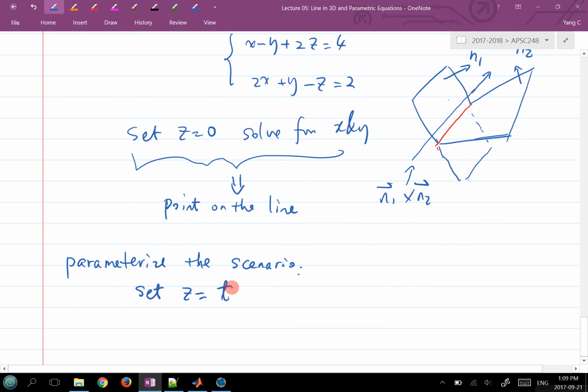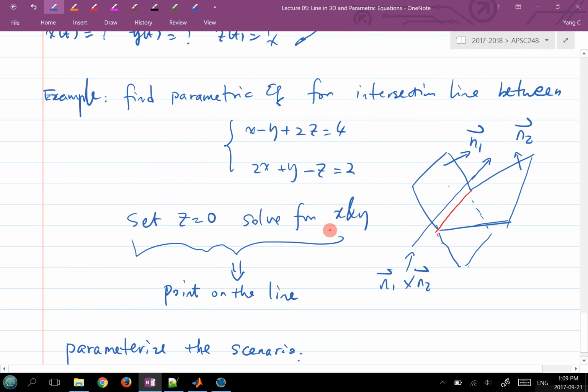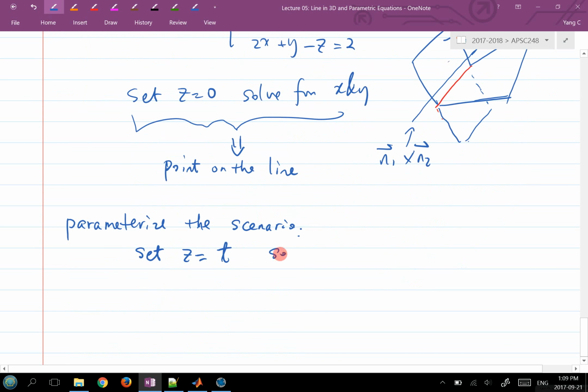So I set z equal to t, and then we solve for x and y. What does that mean? It means you plug this t in for the z.